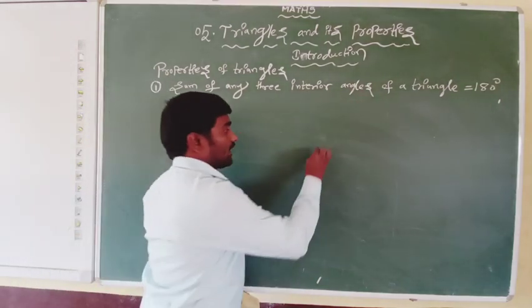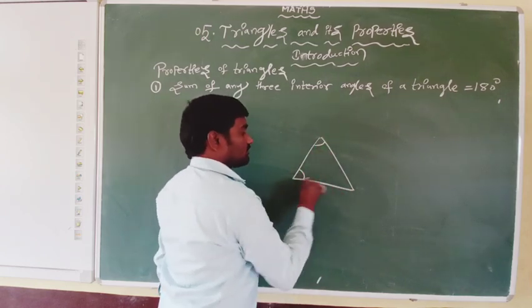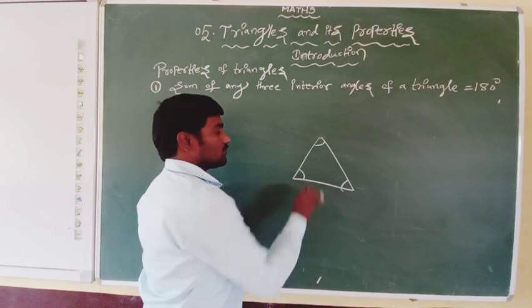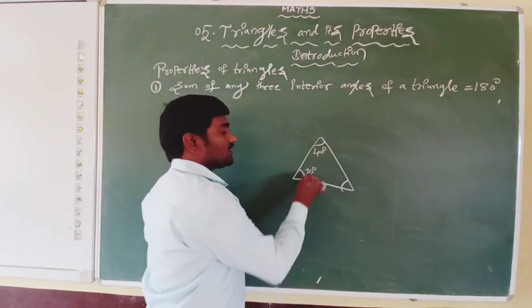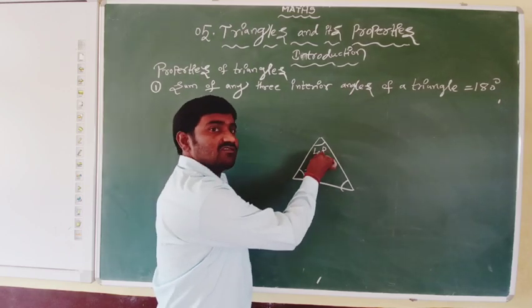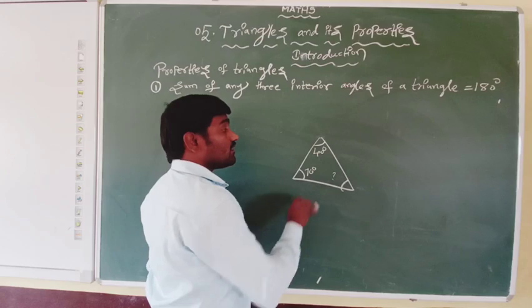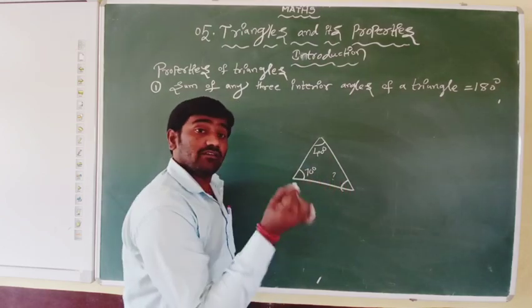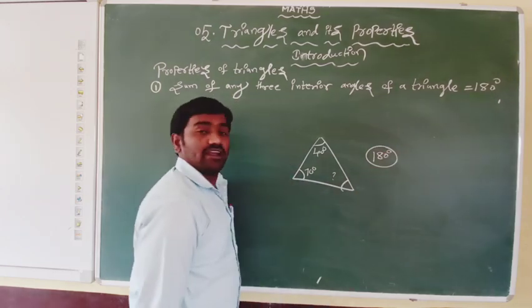Suppose we have a triangle here. So these are the three angles. Suppose I have taken 70 degrees here, 40 degrees here. So 70 plus 40 is 110. How much should come here? We know the property that when you add these three angles, you have to get 180 degrees.